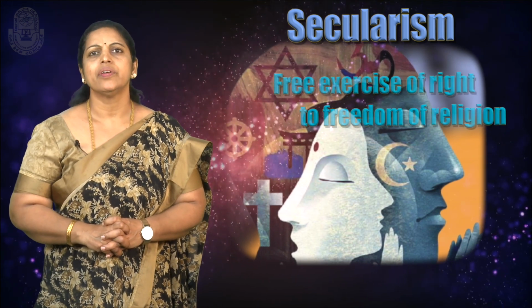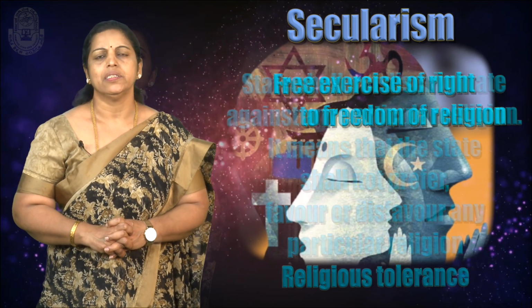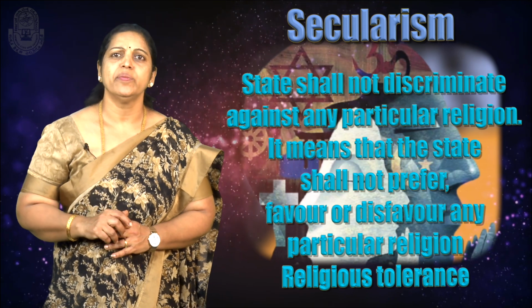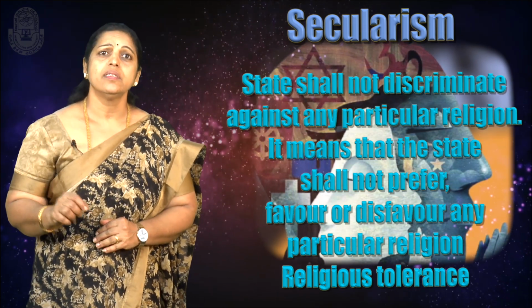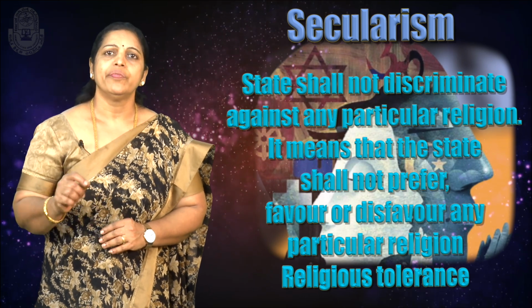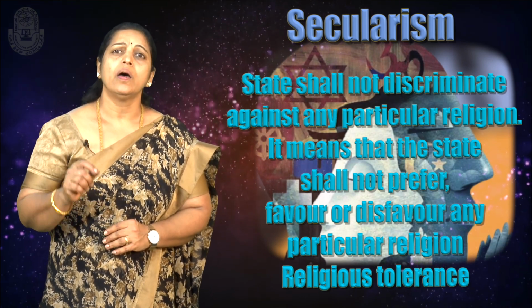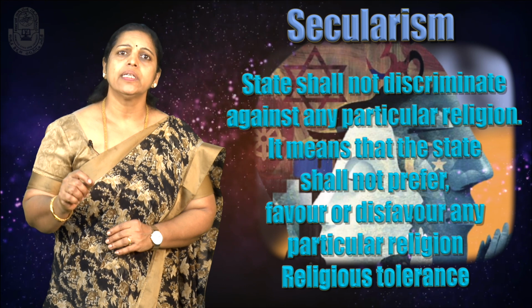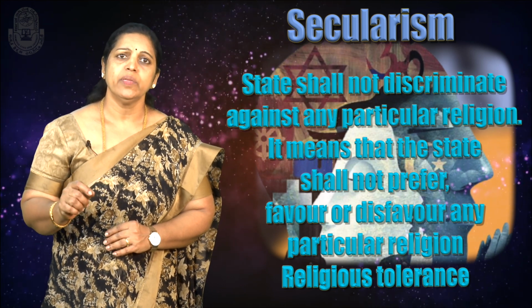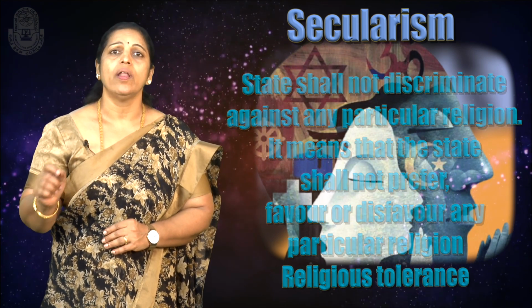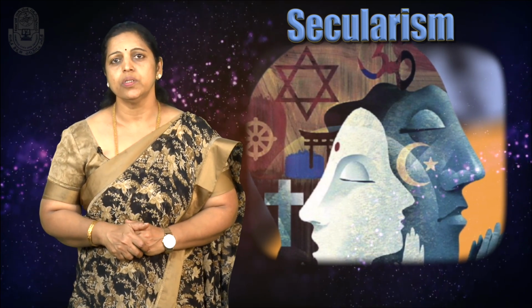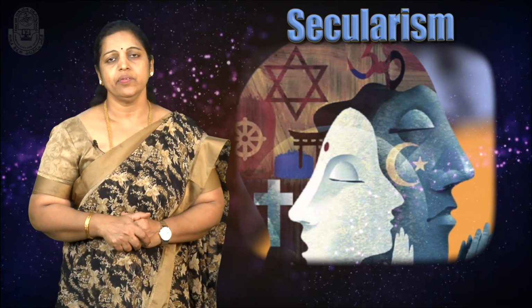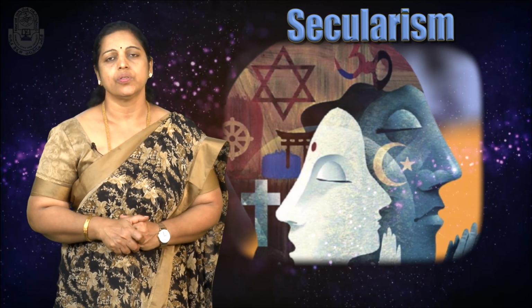Free exercise of the right to freedom of religion. The state shall not discriminate against any particular religion. It means the state shall not prefer, favor or disfavor any particular religion. That means religious tolerance.